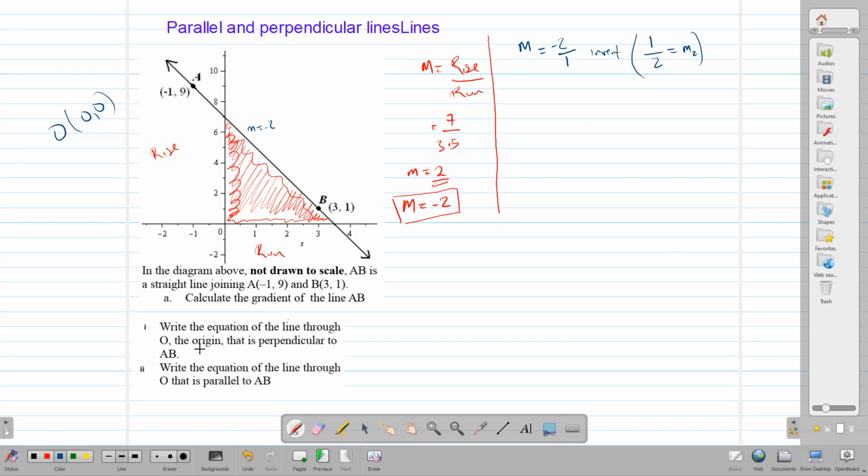The question says it passes through the origin. The origin is 0, 0. So we have our m, a half, and the coordinate is 0, 0. So we can write down our formula, y take away y1 equal m into x minus x1, which gives us y minus 0 is equal to a half into x minus 0, and this simply gives us y equal a half x.